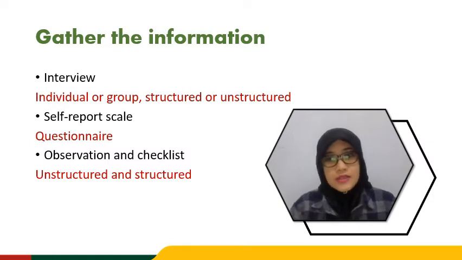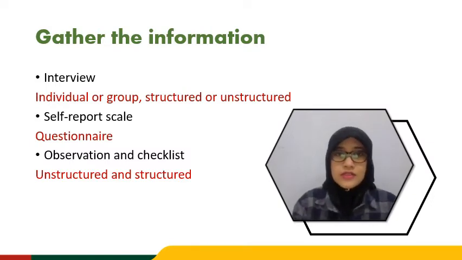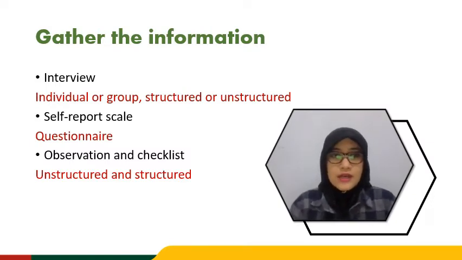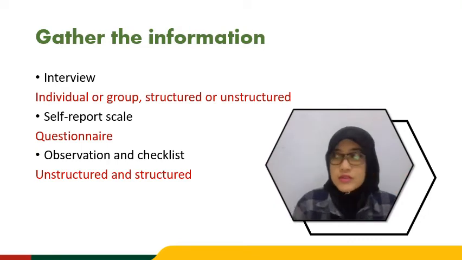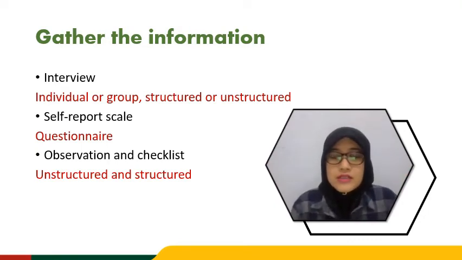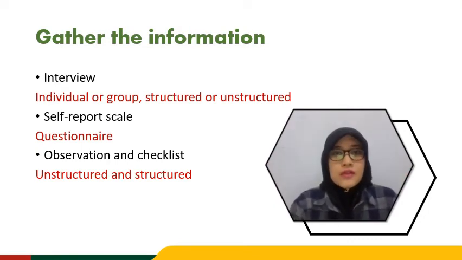And this can also be in the form of structured and unstructured. If it's unstructured, you just come there and then you have no idea what you are going to look for. You just want to see, okay, what's going on and what needs to be paid attention to.